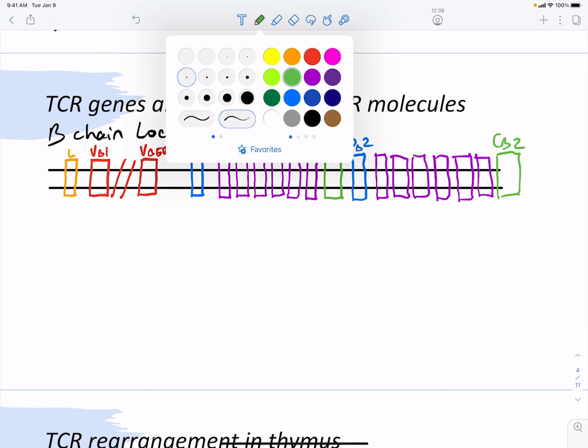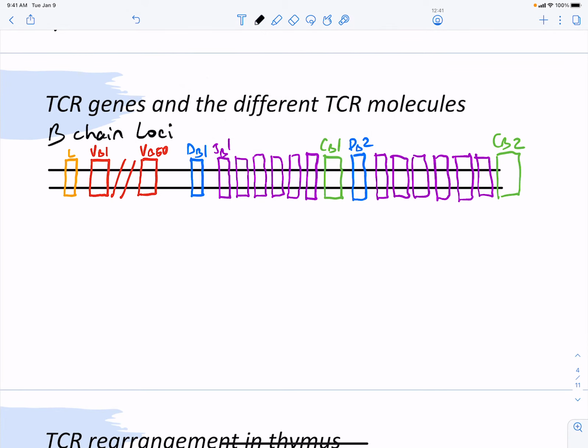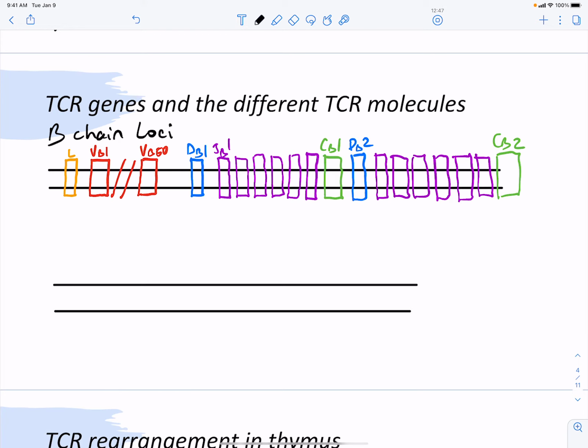And then the alpha chain, similar to our light chain, does not have the diversity. So our alpha chain loci, and I should mention beta chain is going to be on chromosome 7. And the alpha chain is going to be on chromosome 14.